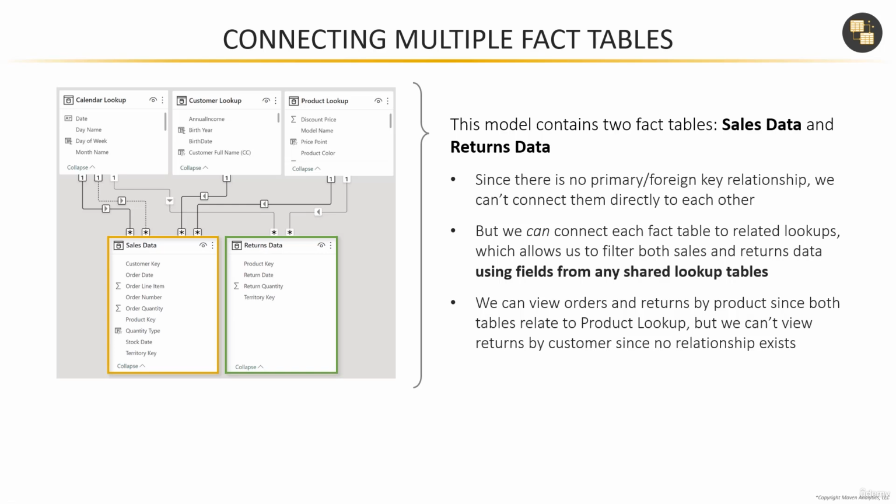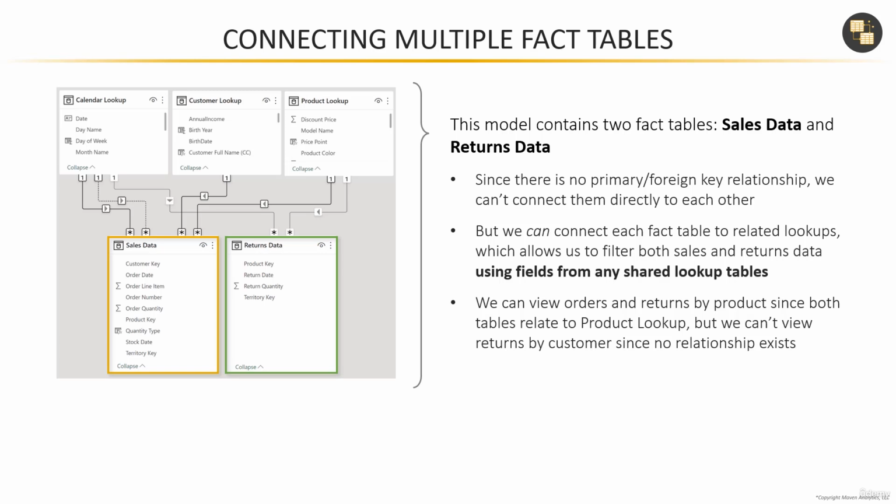But note that we don't have a customer key in our returns table, and therefore we cannot create a relationship to our customer lookup. And this is very common in the real world because you may have data from 5, 10, 20 different sources, and it's unlikely that all of those tables will contain the exact same comprehensive set of foreign keys. In other words, some of them may only be able to connect to a subset of dimension tables in your model.